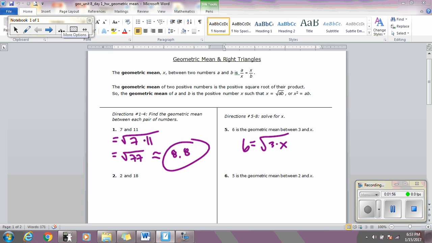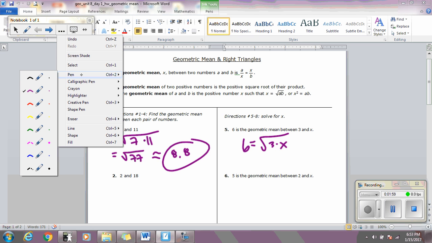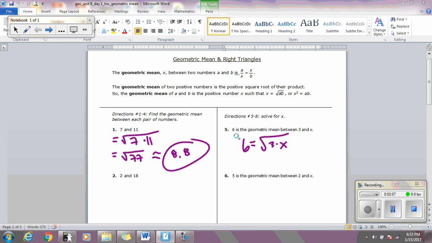So to solve for x, in this scenario, you're going to have to reverse the square root sign by applying the power of 2 to both sides. The 2 and the square root cancel each other out. So you're going to have 3 times x, or 3x, on the right, but on the left, you're going to have 6 squared, which is 36. And then now we need to divide both sides by 3 to get x by itself. So that means 12 is equal to x.